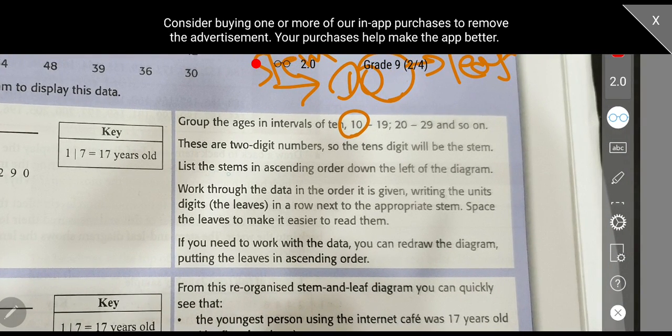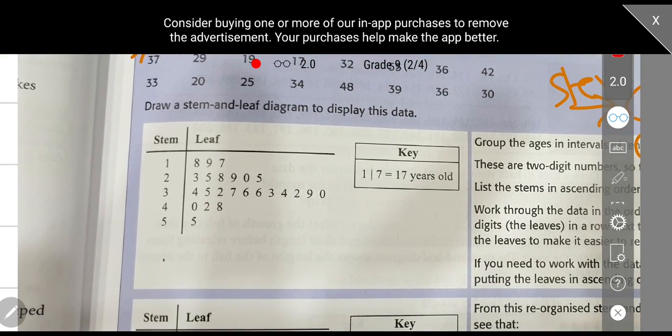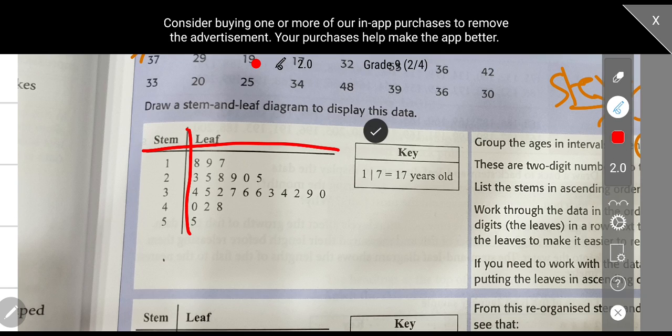We said to list the stems in ascending order from the left of the diagram. First, I will make a cross like this one. We will write stem here, leaf here. We will start to put the intervals in the stem. We are just writing the tens digit here. The tens will be 1, 2, 3, 4, 5, and we can't skip.